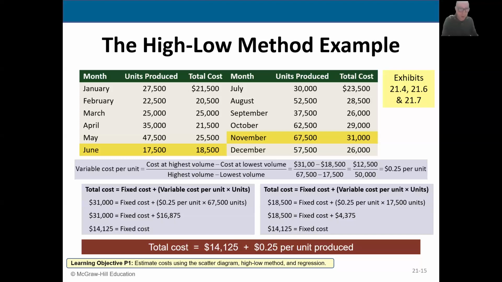We also understand that our total cost at the high is 31,000. So 31,000 equals X plus 16,875. Now, as you recall from algebra, we take that total cost and subtract the variable cost. Take the total cost minus the total variable cost in order to find the missing value, which in this case is fixed cost.